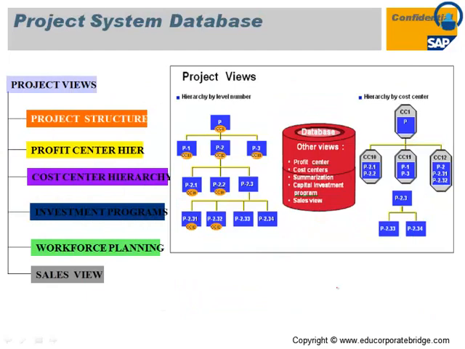So this is the project system database. It can view the project structure, profit center, cost center, investment programs, which come under the IM module, that is the investment management module, workforce planning, and the sales view if there is any sales order or customer order project available.